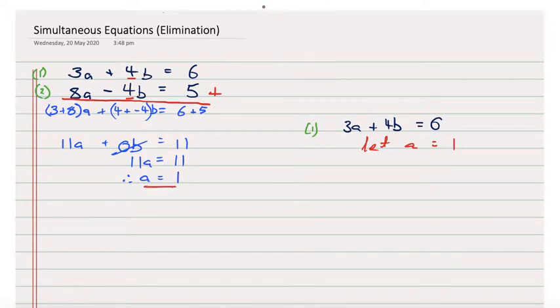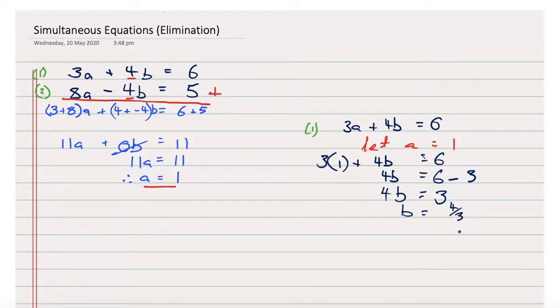We can then substitute in 1 for a, so 3 times 1 plus 4b equals 6, and then 4b equals 6 minus 3, sorry, 4b equals 3, and then b is going to simply equal 3 over 4.